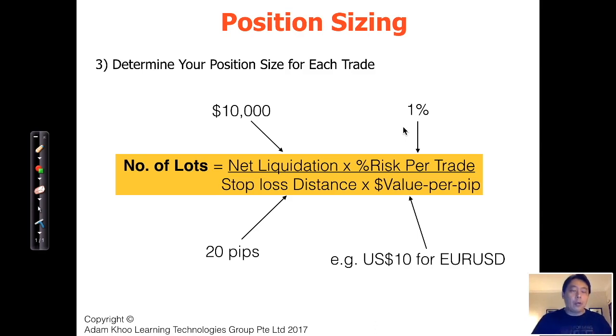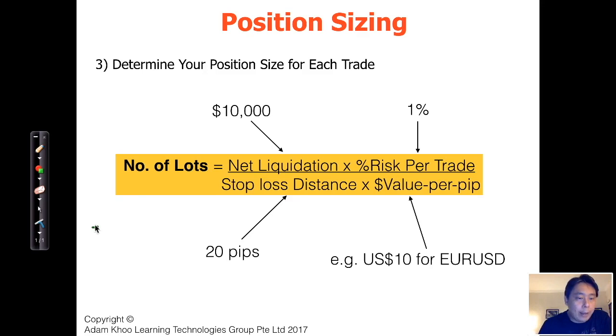Okay. So how many contracts do you need to buy in order to keep that risk at $100? Well, you divide it by the stop loss distance. Okay. What's the stop loss distance mean? Stop loss distance is the distance from your entry price to your stop loss price.